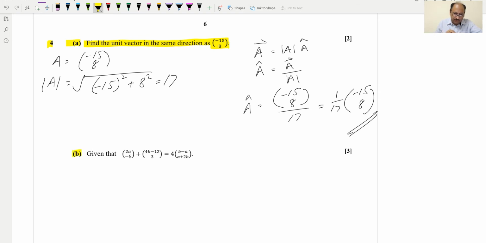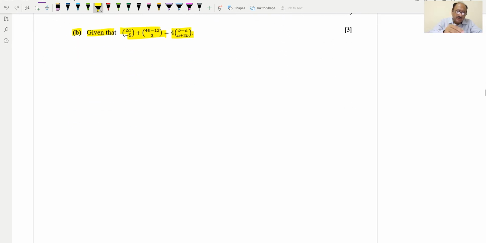Now for part B, given that this is equal to this, we have to find the value of a and b. We can rewrite 2a plus 4b minus 12 is equal to 4b minus 4a.